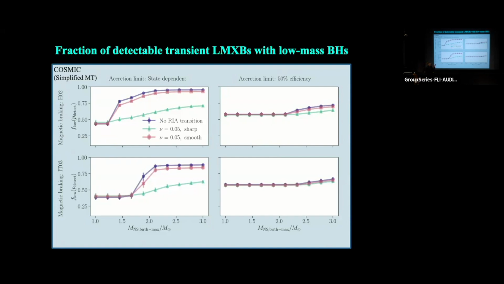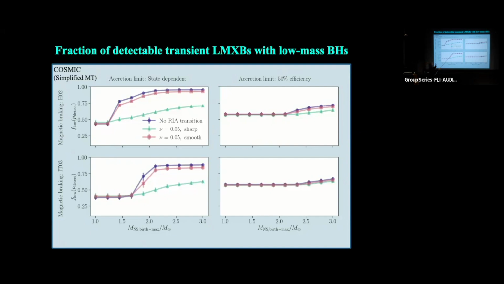Maybe neutron stars are not born all the way to the maximum of the equation of state. So that's what the x-axis is. What is the filling factor of the gap, basically, as a function of how massive you allow your newborn neutron stars to be?